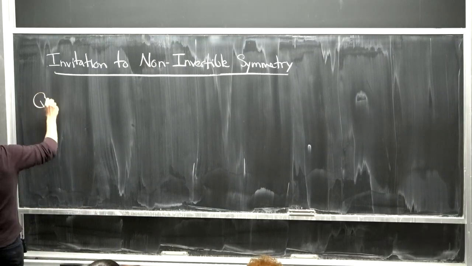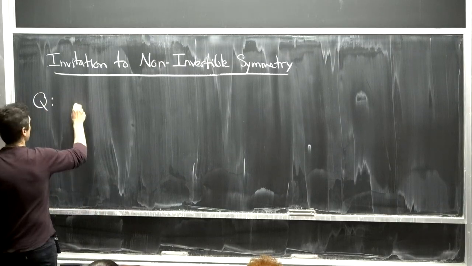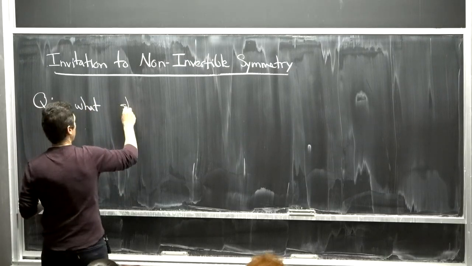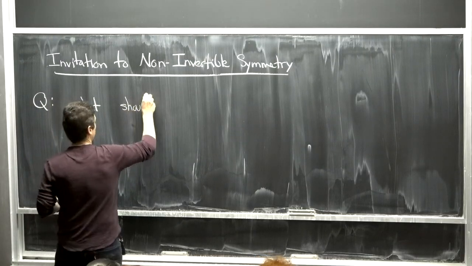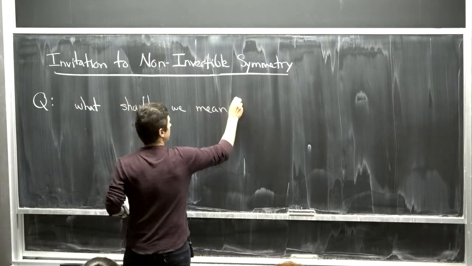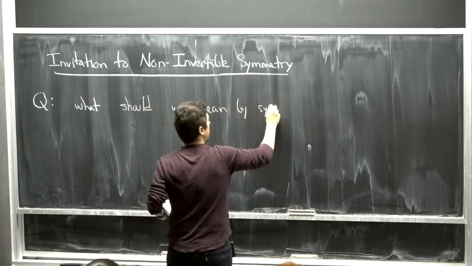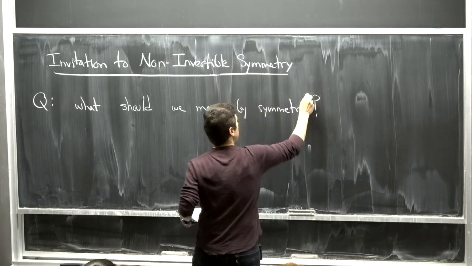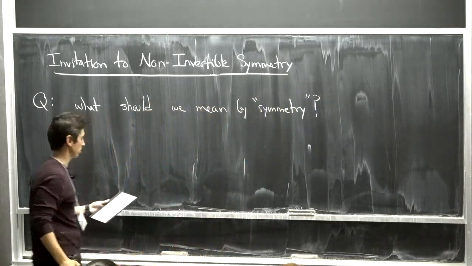Okay, so I'd like to start with a question, to restart from where Hotat has been talking. What should we mean by symmetry? How should we define this term in quantum physics?